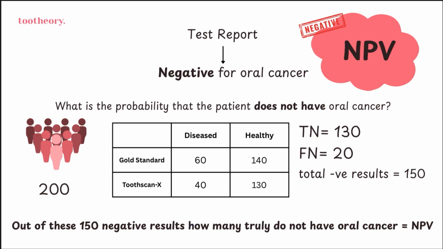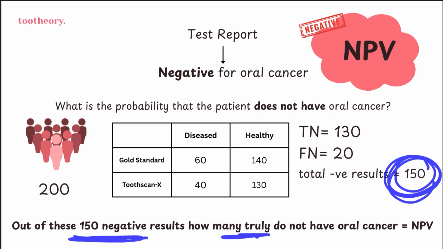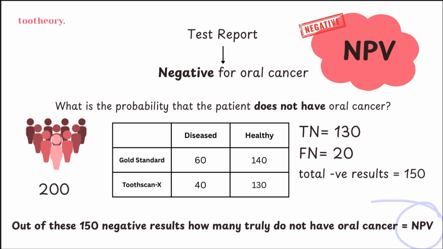So let's total all of the negative results, true plus false negative, which comes out to be 150. Out of these 150 negative results, the people who are truly cancer-free, that value will be the negative predictive value.